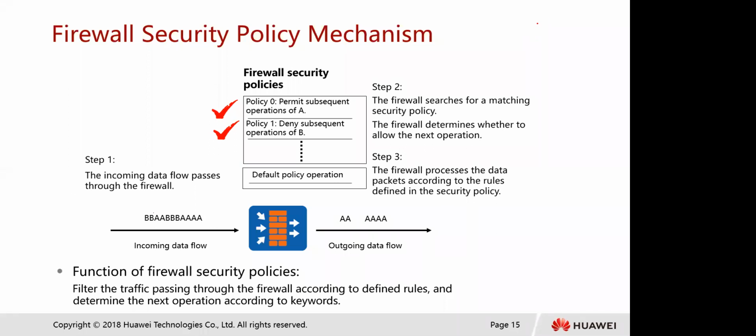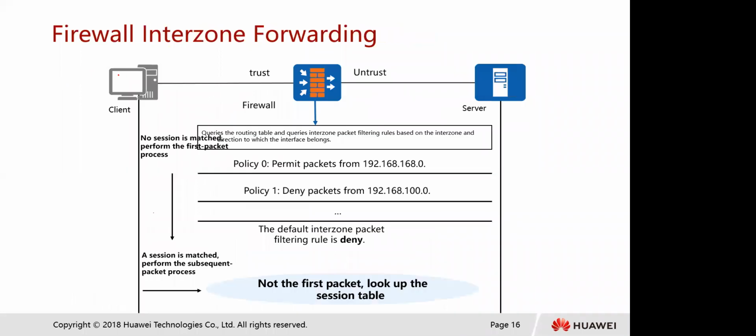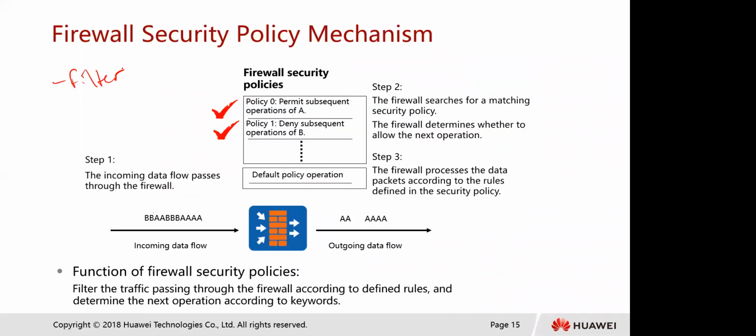Therefore, the core functions of security policies are as follows. One, to filter the traffic. Let me write here. Filter our traffic that is going to pass through, depending on our defined rules, and also determine the next operation performed based on our keywords.